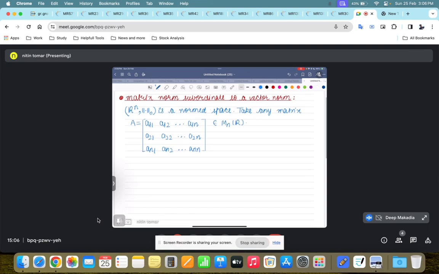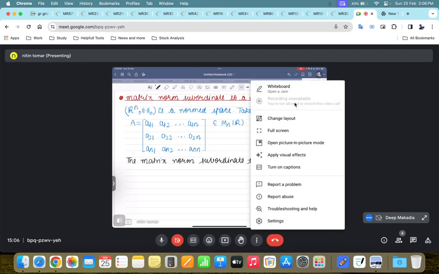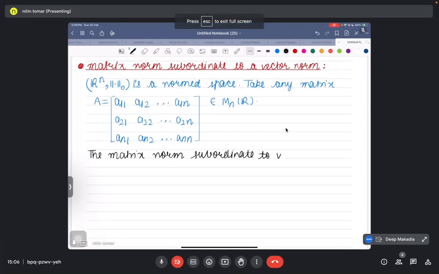Now if I ask you, what is the matrix norm subordinate to the vector norm?